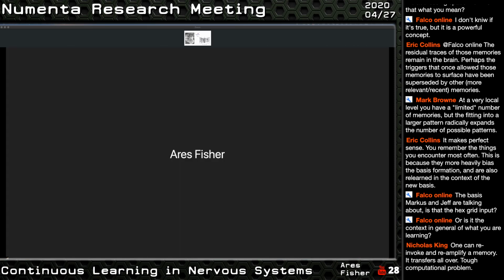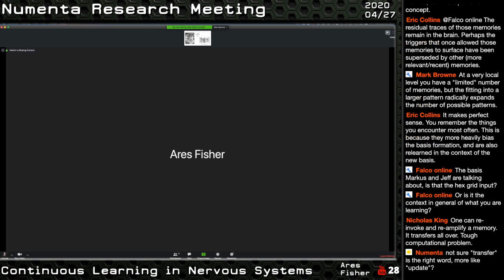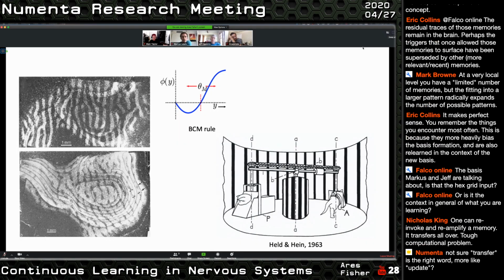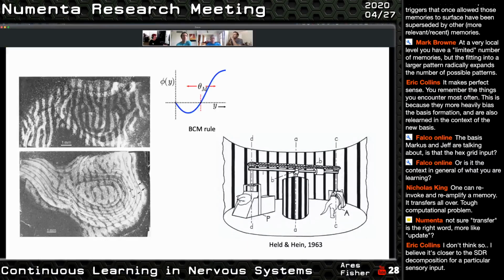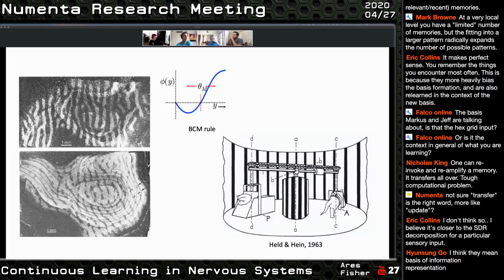If I may add something, this is what I had the Held and Hein paper for, the kitten carousel thing. I would argue, along Jeff's argument, that real organisms, real brains, don't just look at one thing naturally. We create a basis set based on our interaction with the world, and the world has certain statistics and a certain behavior to it.